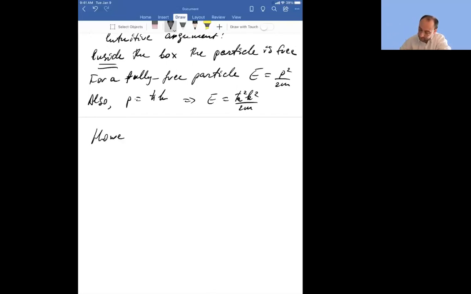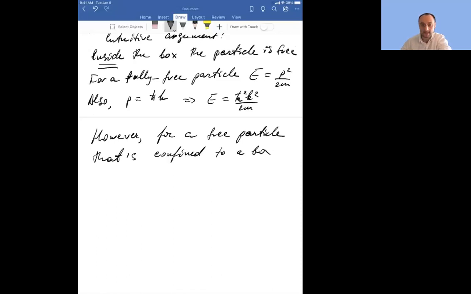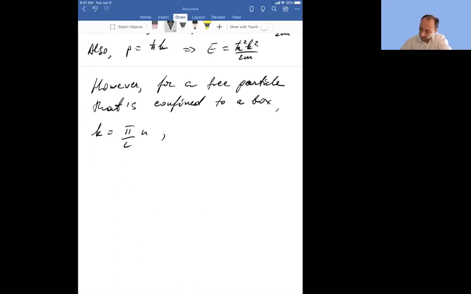However, for a particle that's not truly free, but that's confined to a box, we saw that k can only take on discrete values, k equals n pi over L, where n equals plus and minus 1, plus and minus 2, and so on.